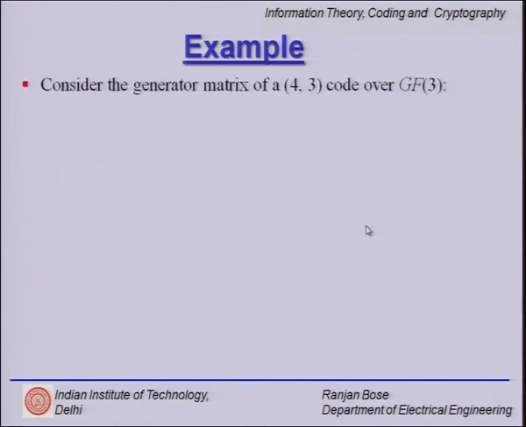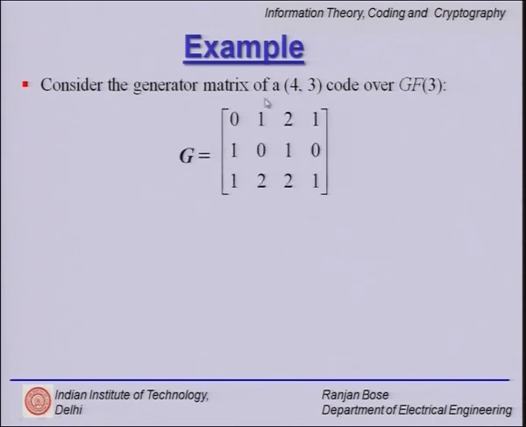So, let us look at an example. Let us consider the generator matrix for a 4,3 code over GF3. What does it mean? It means that the size of the generator matrix is k = 3 by 4, and GF3 represents that the elements of the generator matrix will be 0 or 1 or 2, and all the arithmetic, the addition and the multiplication, would be carried over GF3, which will be modulo 3 arithmetic.